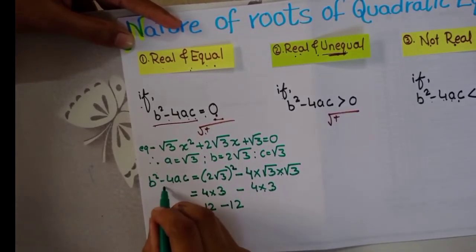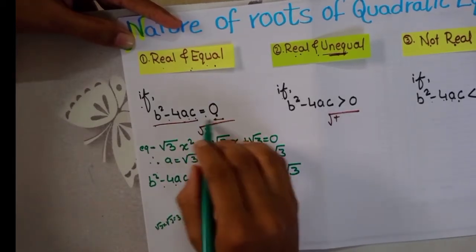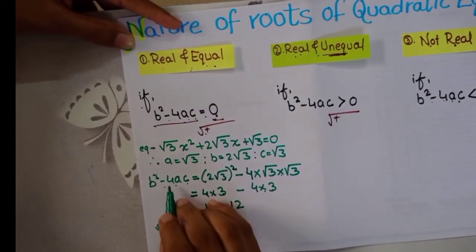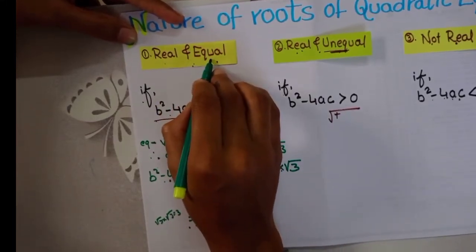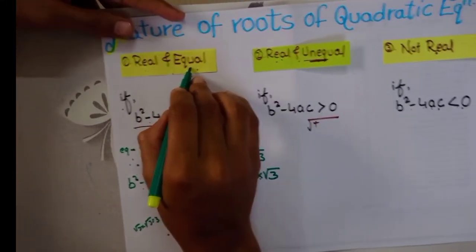Here b square minus 4ac is equal to 0. Therefore, the nature of the roots is real and equal.